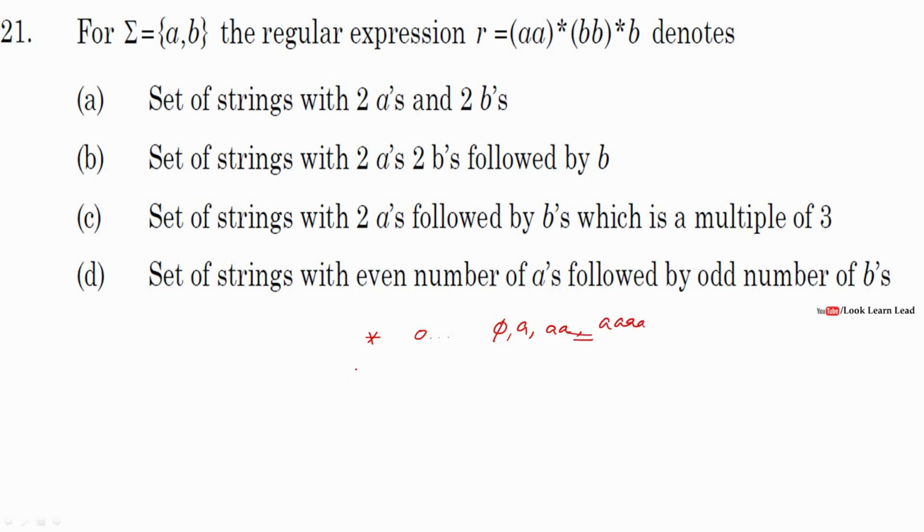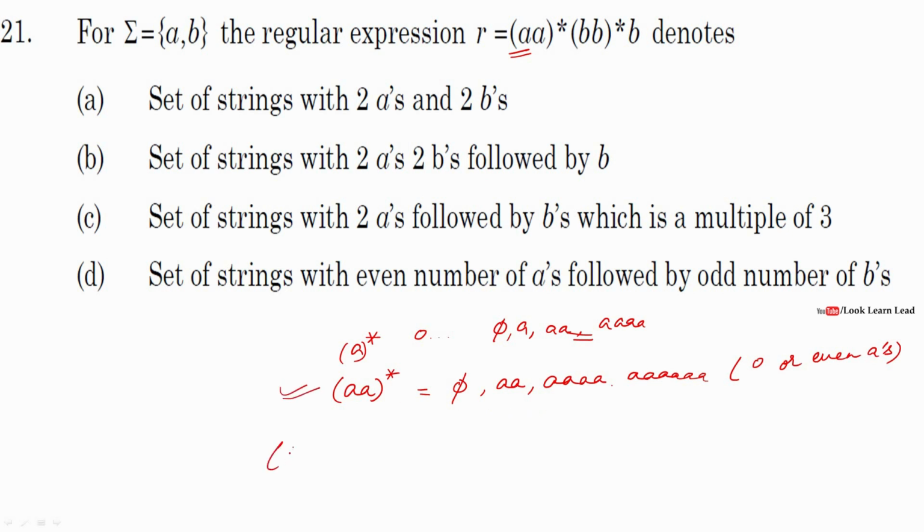But here it is not a star, what we have is (aa) star. What does it mean? It can be null, or it can be aa, or 4 times a, or 6 times a. That is 0 or an even number of a's.